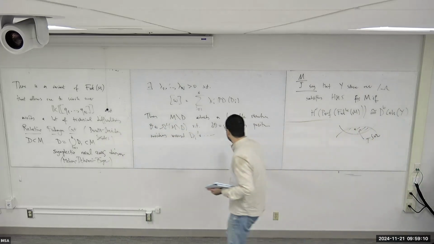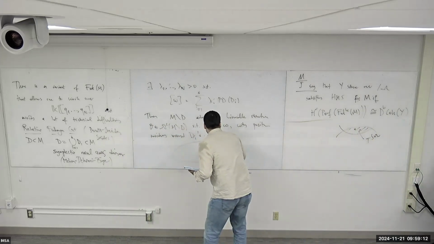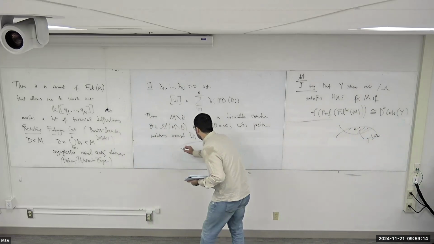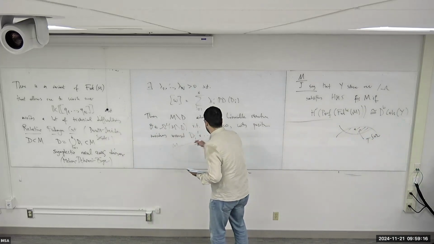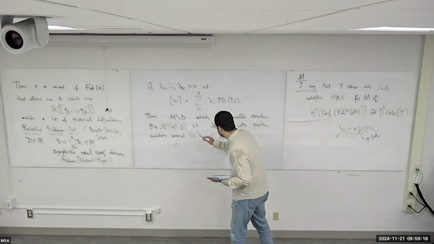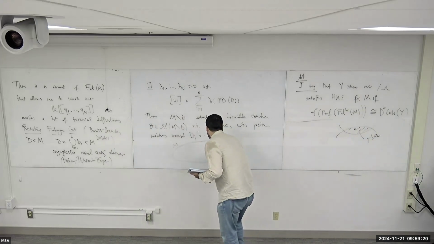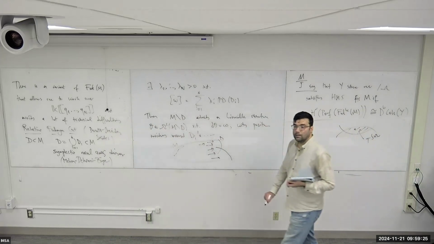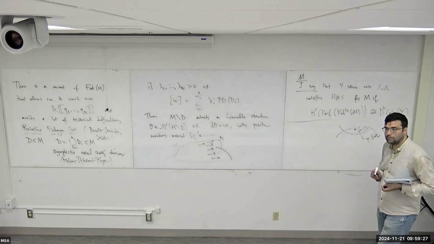So the picture is something like this. You have M, you have D, and then in the complement of D, you have this Liouville structure, and I'm indicating the Liouville vector field. So there's a skeleton here.